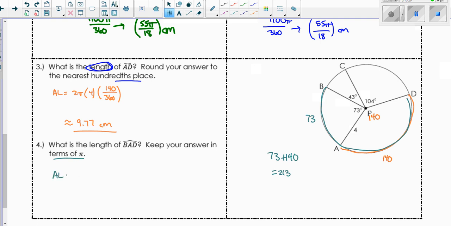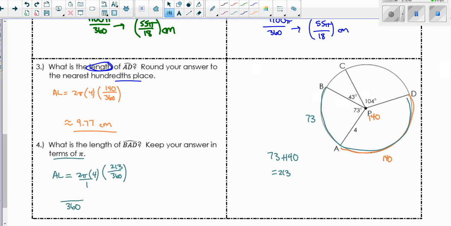Alright, so the arc length is 2 pi times my radius again of 4, but this time I don't want 140 out of 360, I want 213 out of 360. I want an exact answer, so, again, this is like a fraction, so my denominator I know is going to be 360.